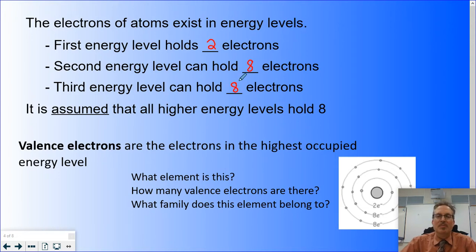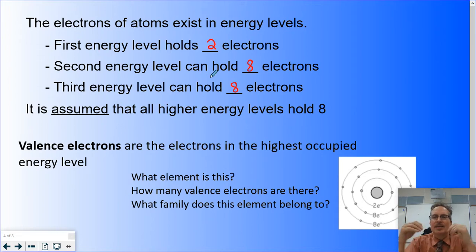If you think about it, your periodic table tells you this, because if you look at the periodic table, take a look at how many elements are in period 1. Hydrogen, helium, 2 elements, 2 electrons in the first energy level. In period 2, you have lithium, beryllium, boron, carbon, nitrogen, oxygen, fluorine, neon.